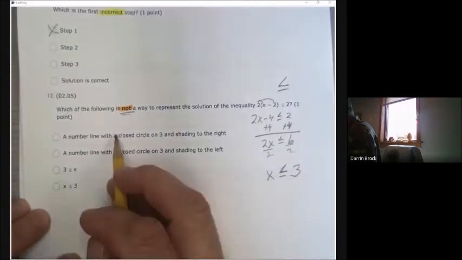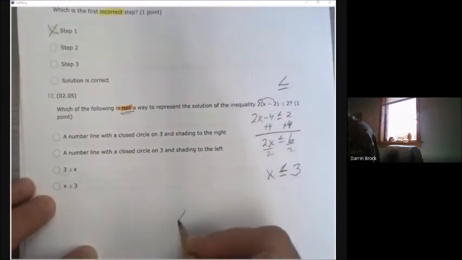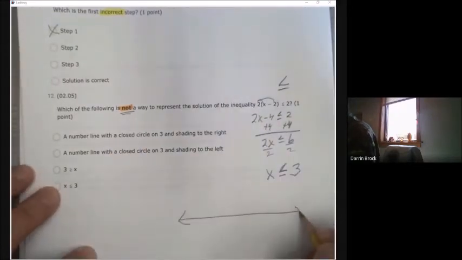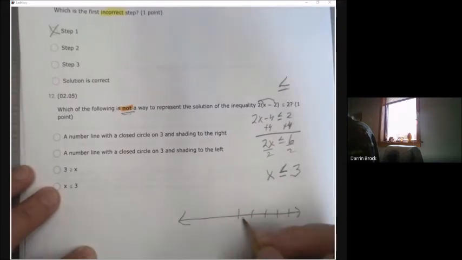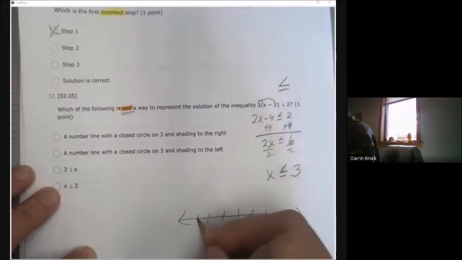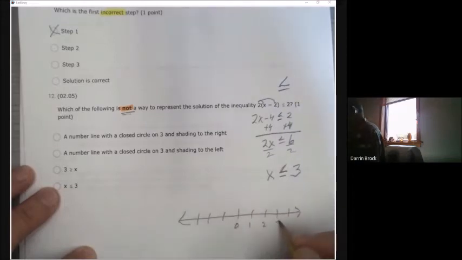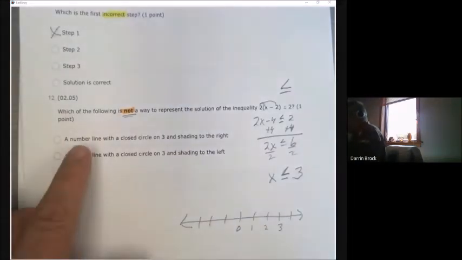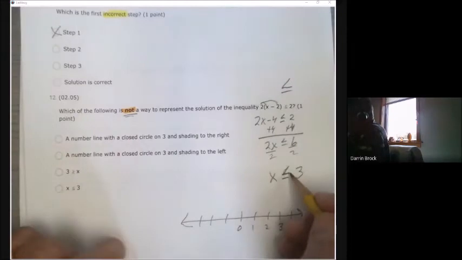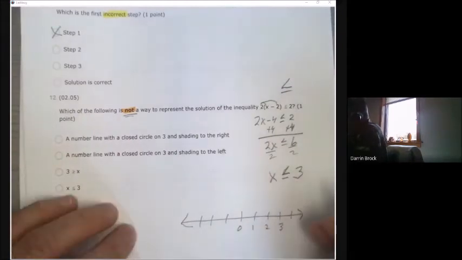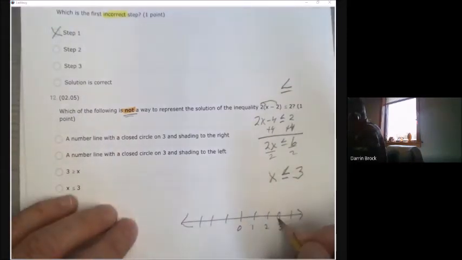A number line with a closed circle. Remember, with inequalities, we can represent that on a number line. If this is 0, 1, 2, 3, if we're going to represent this on a number line, if it's less than 3, you put a hollow circle.